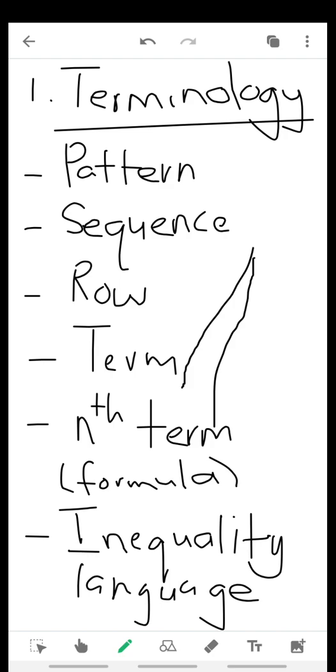Those terms will form a row, or what we call a sequence. Because we are observing that to get each of the terms in the sequence, we have to keep on adding 2, that means we are getting a pattern. A pattern is what we are observing.